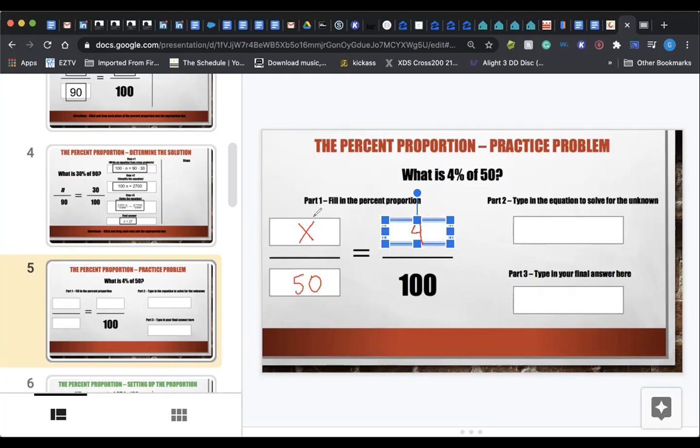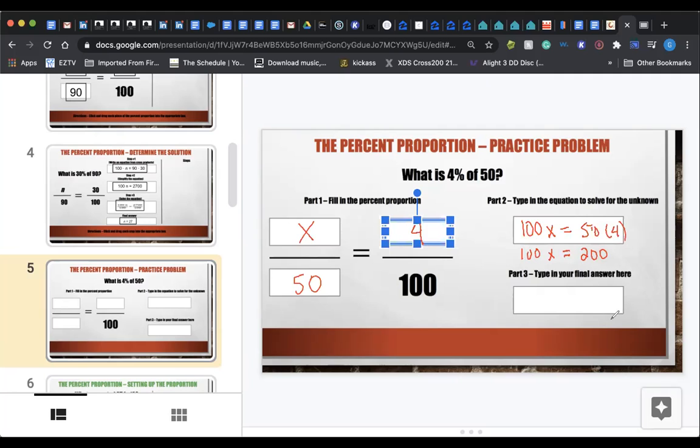So then I'm going to have 100 times X is equal to 50 times 4, right? When I simplify that, it's going to be 100X is equal to, what's 50 times 4? 4 times 50 would be 200.